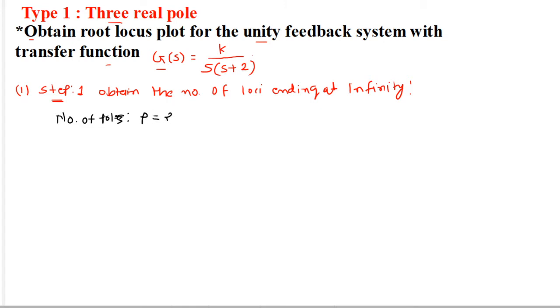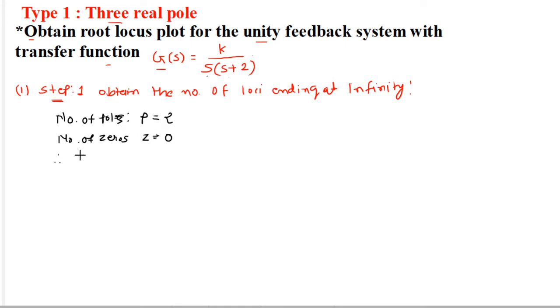How? In the denominator we have s and s plus 2, so the poles are s equal to 0 and s equal to minus 2. Now the number of zeros z equal to 0, because there are no zeros. So in step number 1 our task is to find the number of poles and zeros.